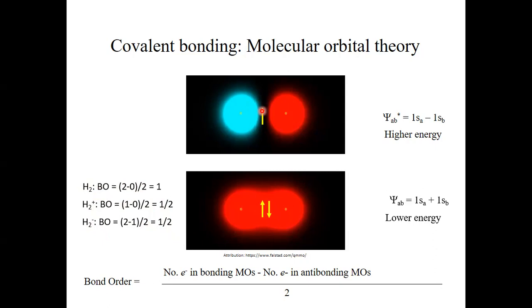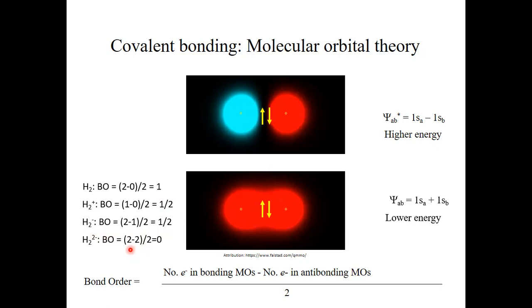So last but not least, well, would an H2 2- ion be stable? So now we have 4 electrons, and that must mean that we need to fill both the bonding as well as the antibonding molecular orbital completely. Now we have as many bonding as we have antibonding electrons.